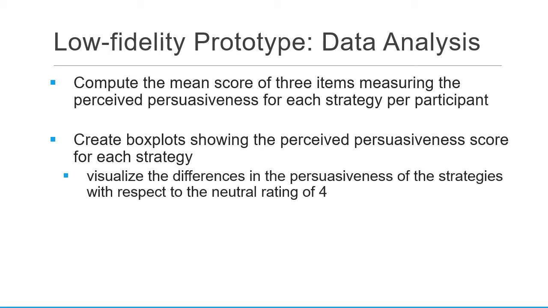For the data analysis part, we first compute the mean of the 3 items measuring the perceived persuasiveness for each strategy and for each participant. We then create box plots to visualize the differences in the perceived persuasiveness of the 10 strategies with respect to the neutral rating of 4.